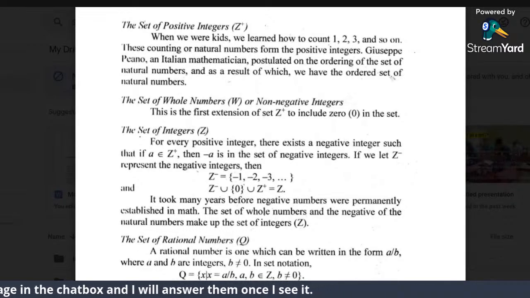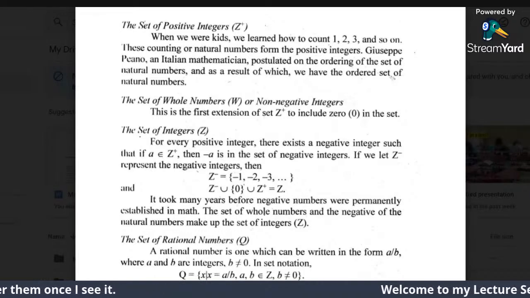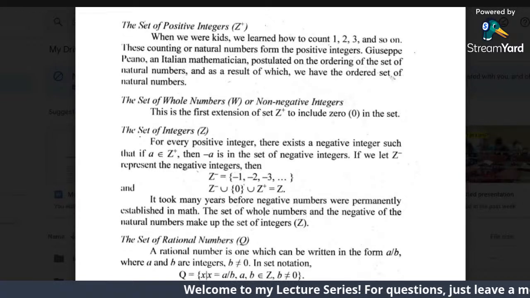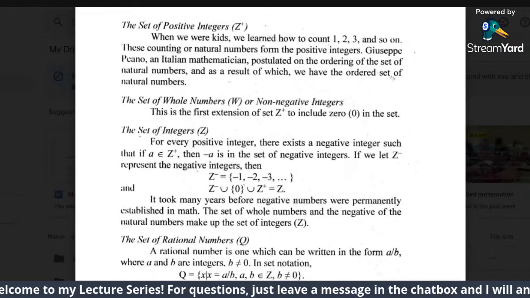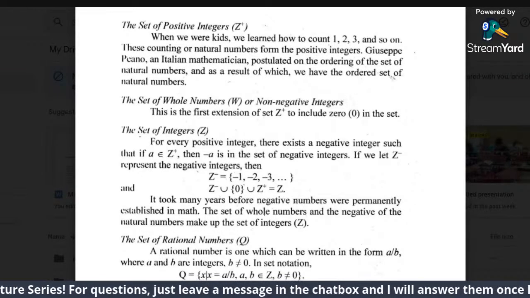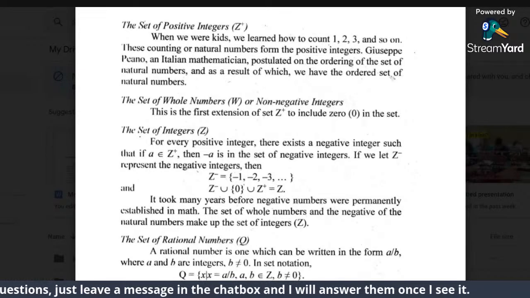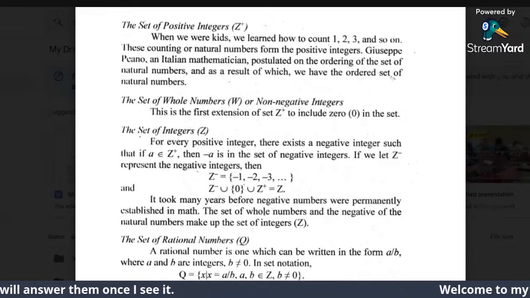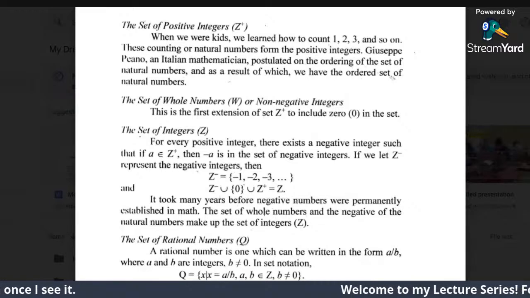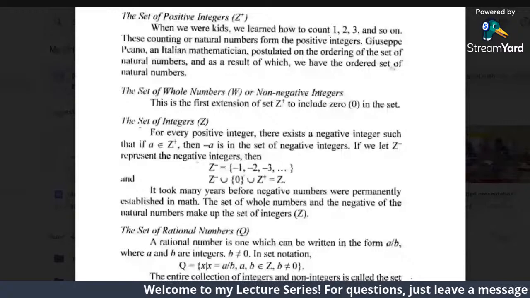Again, for positive integers, we start from 1, 2, 3, and so on, but whole numbers include zero. Zero is not included in the set of positive integers because 0 is neither positive nor negative. And then we have Z, the set of integers.